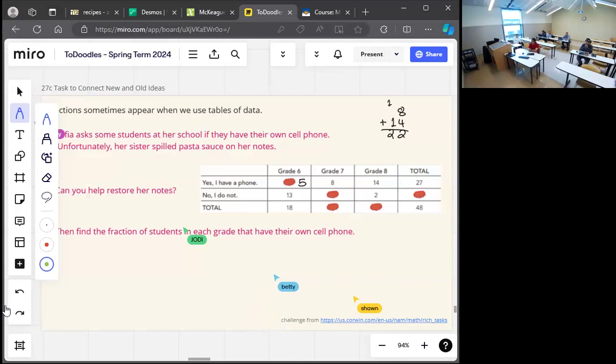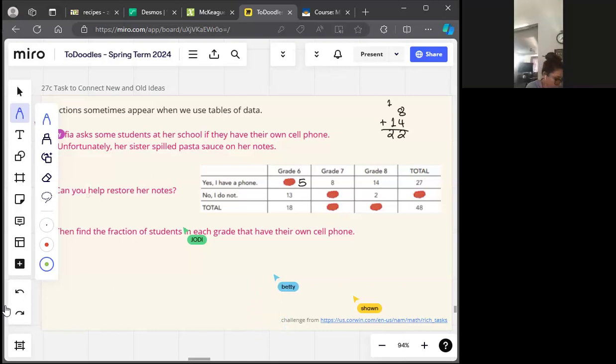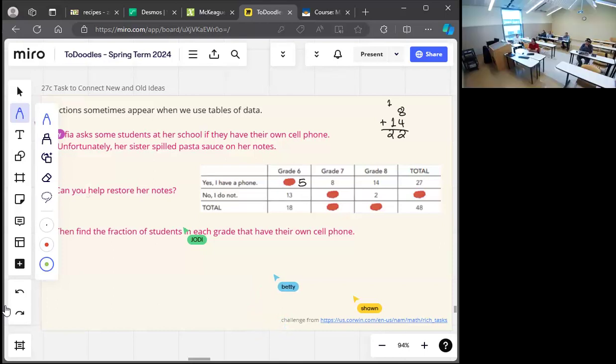Which spot can we solve next? Not all of them we're ready for. I think the 8th grade or the 7th grade. If we look at the 7th grade, we have 2 numbers that are missing, and that makes it really challenging.